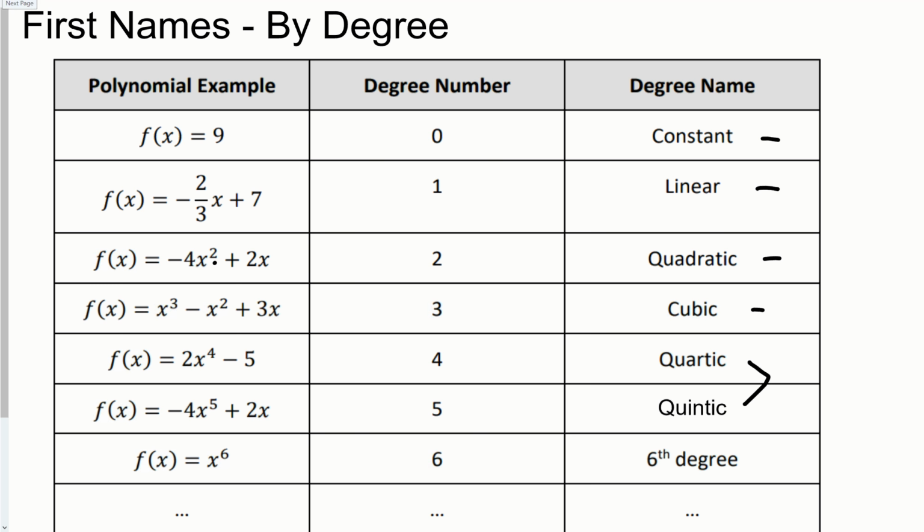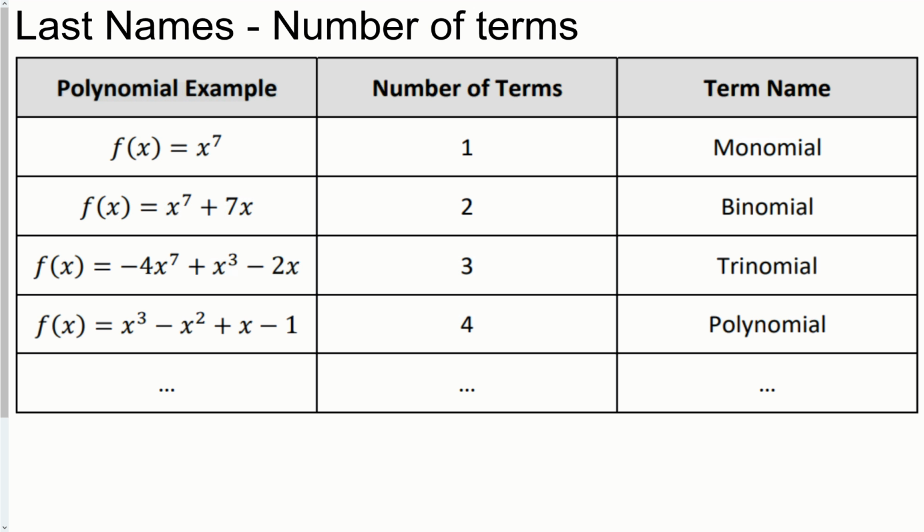The second name is how many terms are there? Like we just said before, if there's one term, it's a monomial. If there's 2 terms, and you probably heard, most of these should be familiar, binomial. 3 terms is a trinomial. And then anything 4 or more, right?